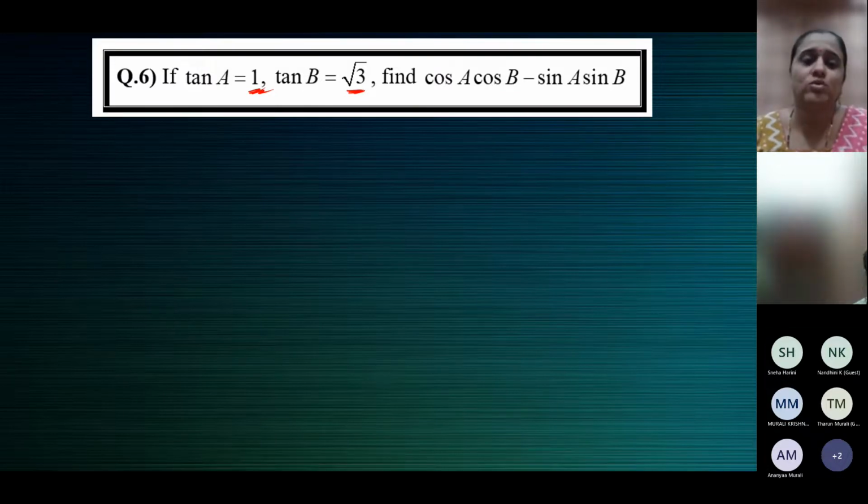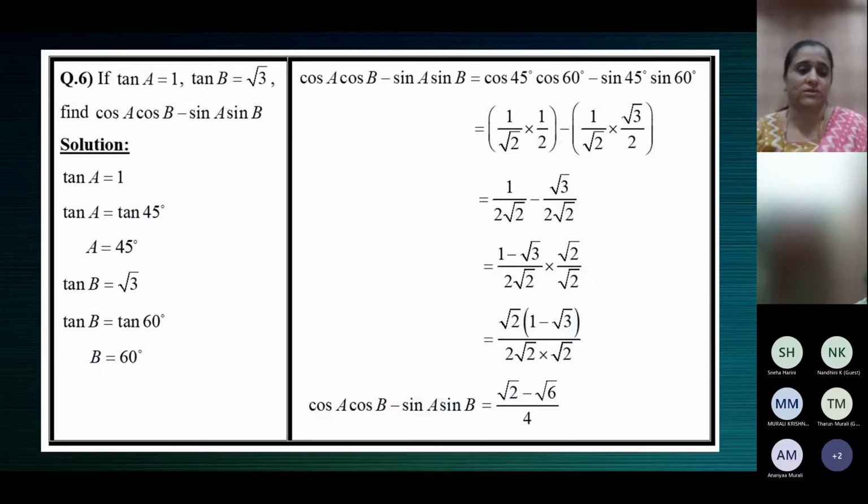So once you get the angles A and B, it's easy to evaluate cos A cos B minus sin A sin B. Got this? If the denominator is irrational, we'll have to rationalize the denominator.